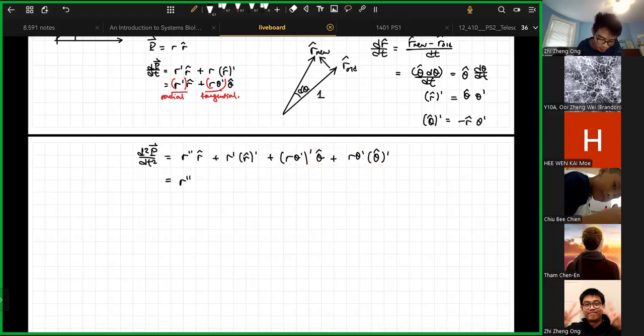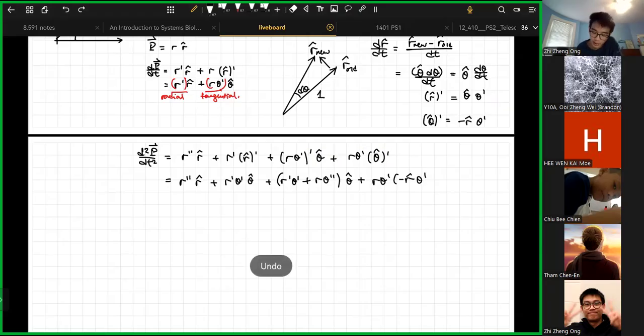So it's going to be r prime prime r hat plus r prime theta hat. It's going to be r prime theta prime plus r theta prime prime theta hat plus. Just expanding everything, substituting in the time derivative.